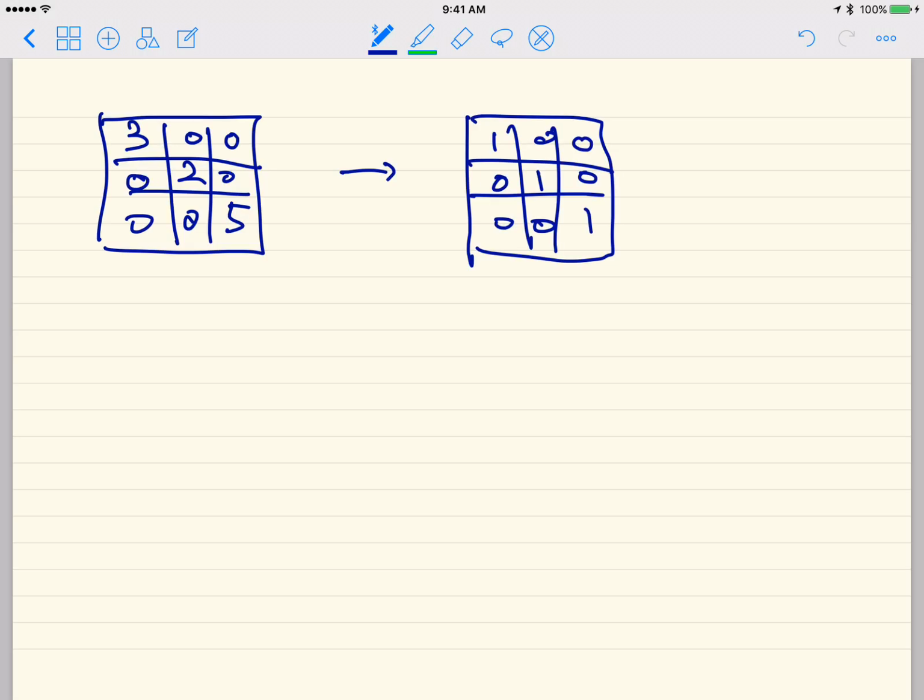As you guys know, if we multiply this identity matrix with some other matrix, it doesn't change that matrix at all. Okay, and both of them are diagonal matrices, but what about this?